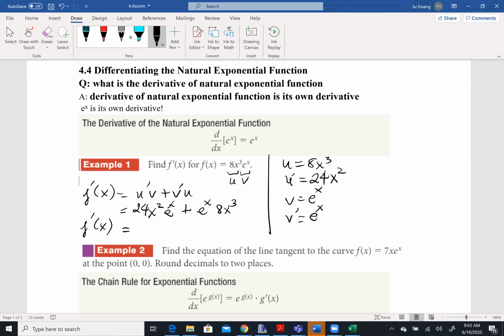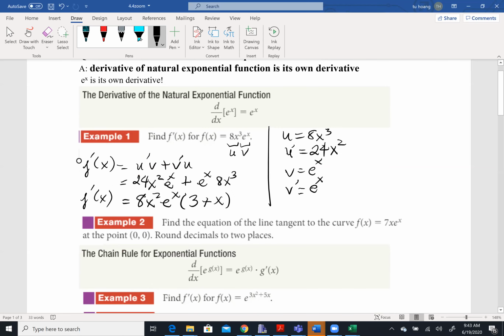For these two terms, x squared e^x will be the greatest common factor. After you factor it out, the first term will still have 3, and then the last term is x. So that should be the answer for this problem.